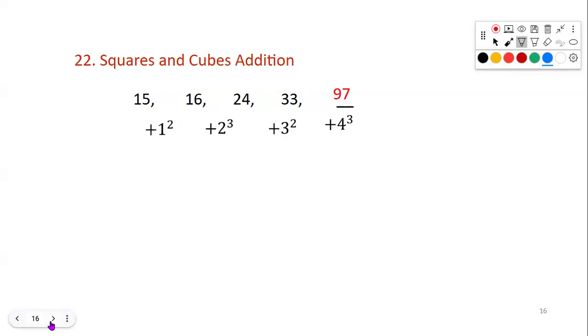Squares and cubes addition. So 4, that is 2 square. And the difference here 27, that is 3 cube. Subtraction.